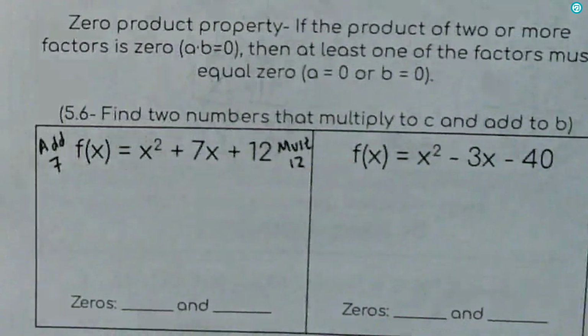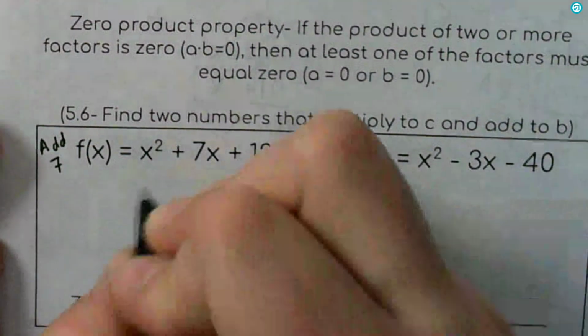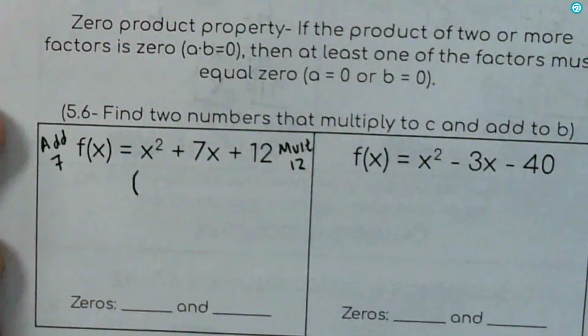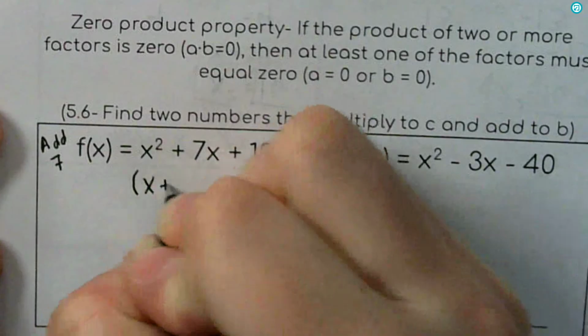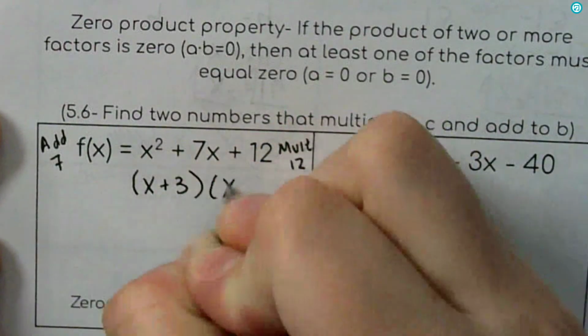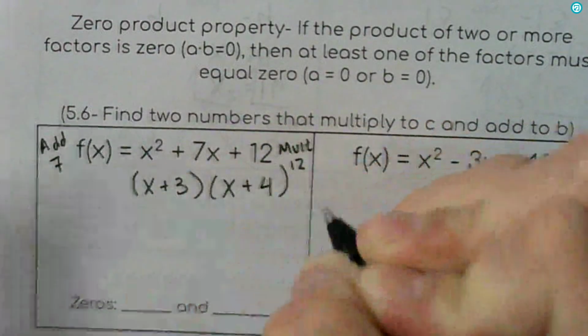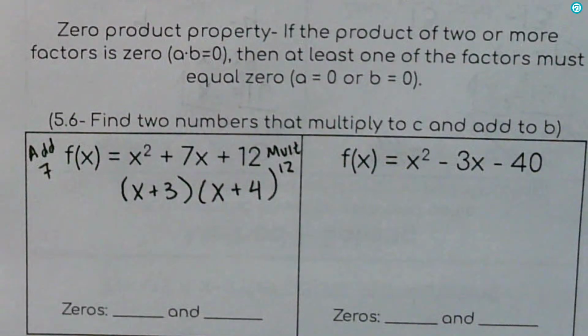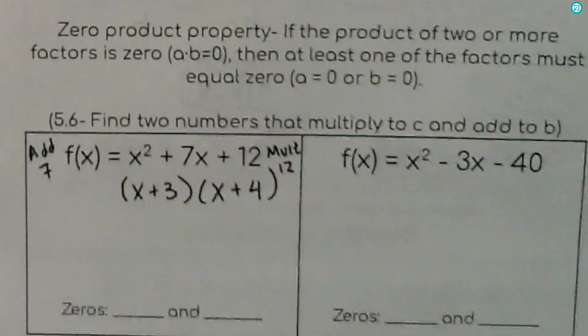Okay. For this first one for the day, I made these all positive. What multiplies to 12 and adds to 7? 3 and 4. 3 plus 4 is 7. 3 times 4 is 12. So our factored form is going to be x plus 3 times x plus 4. So that is what we did in 5.6, is we factored.